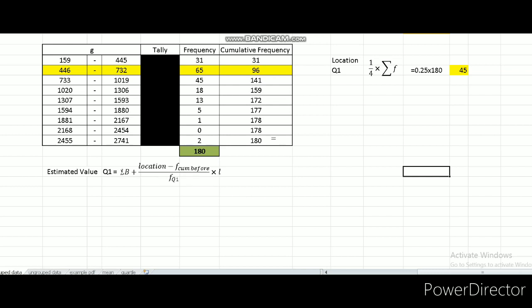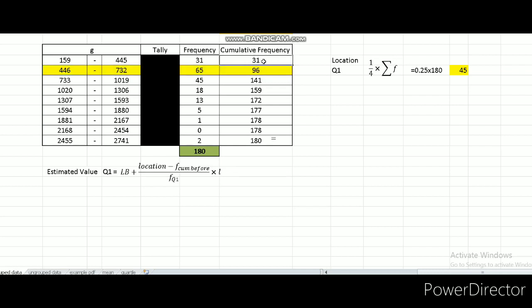It equals the lower border of your group, plus the location, which is the location of your first quartile, 45, minus the cumulative frequency before. It means if this is your first quartile group, the cumulative frequency before is this one, 31.